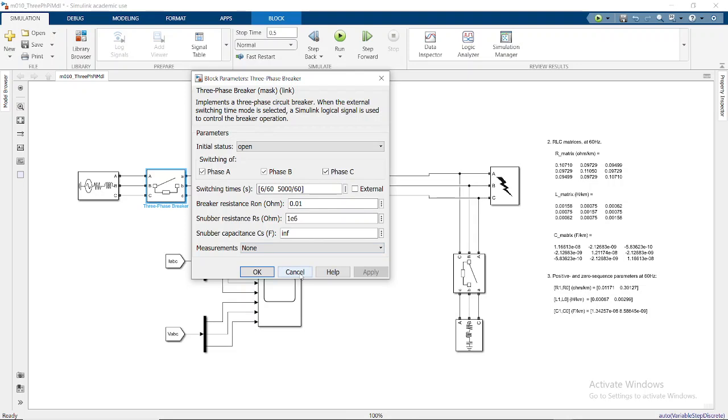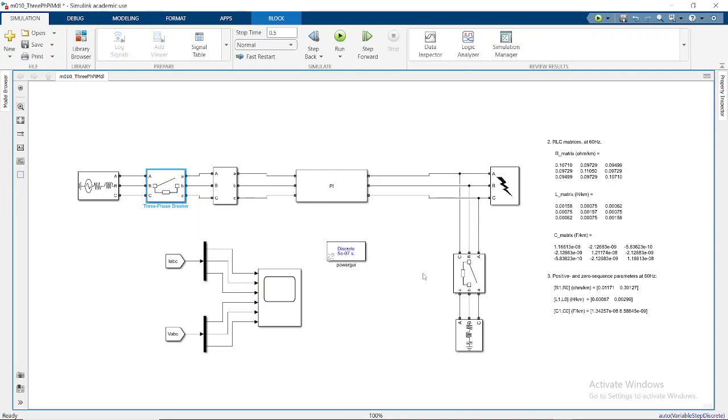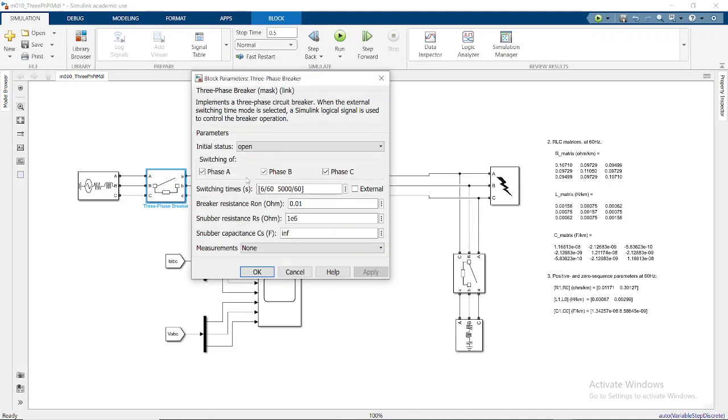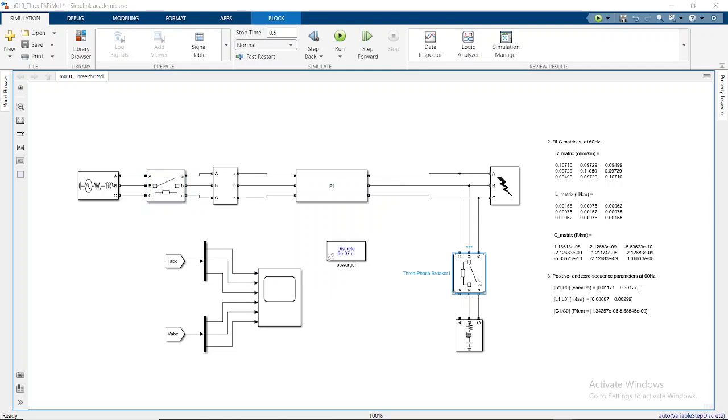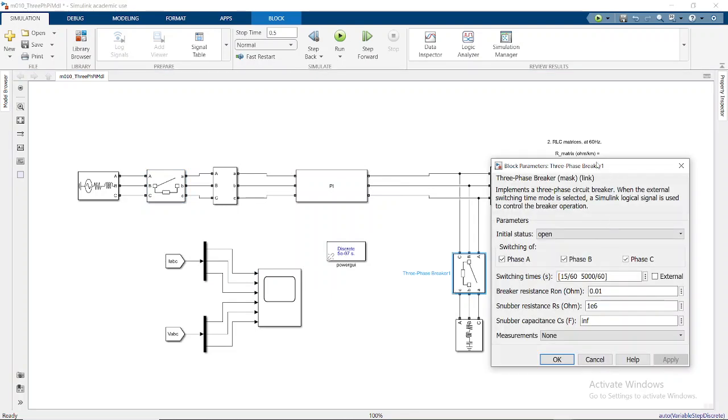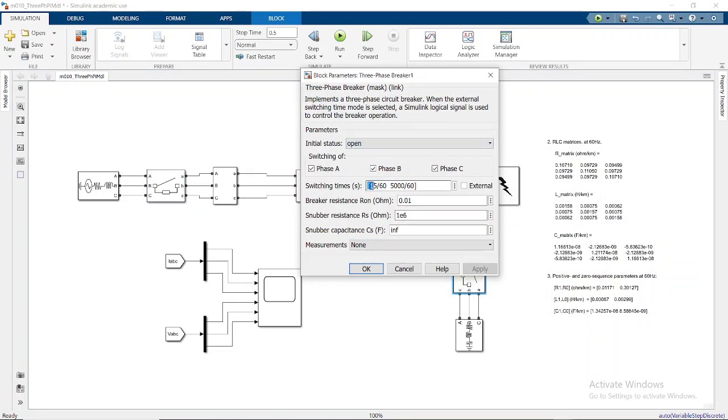Understood? Okay. Then we are making this circuit breaker on after 0.1 second, and we are making this circuit breaker, that is the load, on after 15 by 60 second, that is 0.25 second.